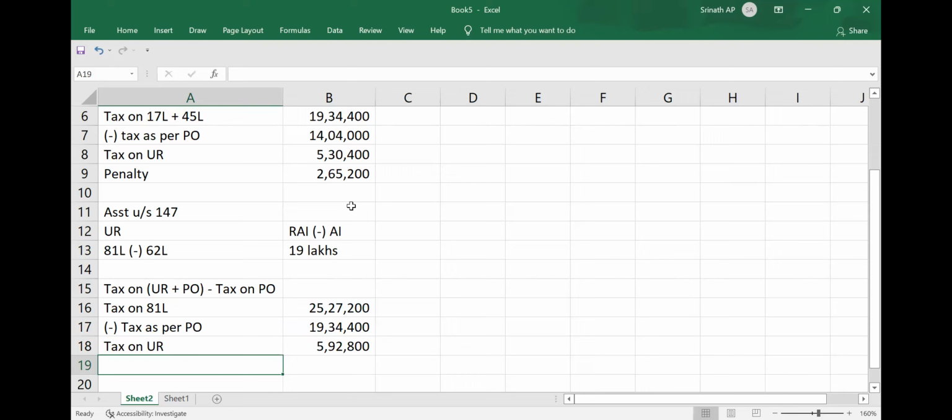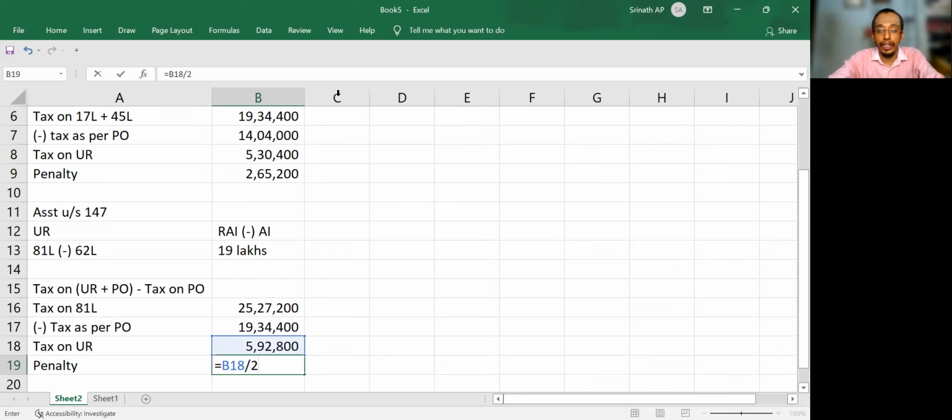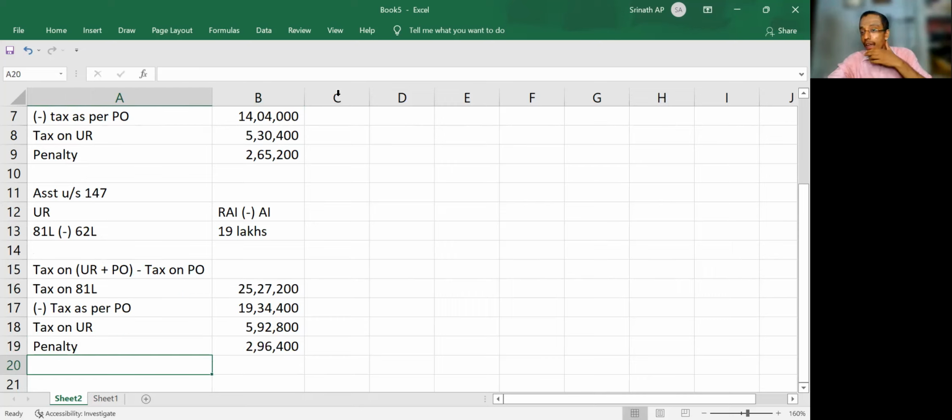Penalty at 50 percent, which is 5 lakh 92,800 divided by 2, would be 2 lakh 96,400. This is for alpha.